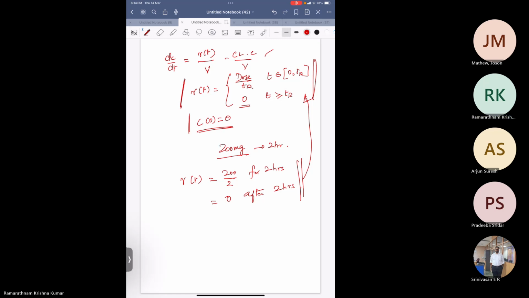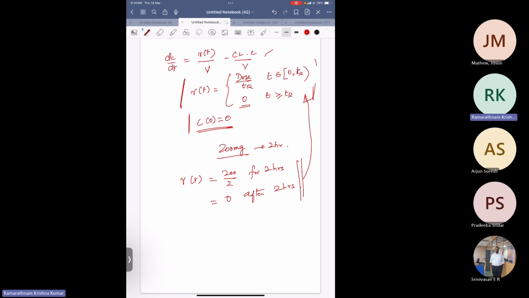Now, a very subtle difference, not important, but if TR is included here, I'll put a square bracket. If it's not included, you stop just before 2 hours, at 1 hour 59.9999 minutes.